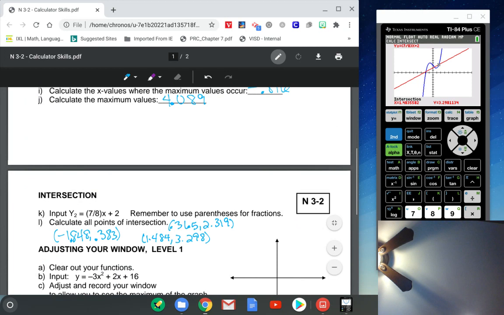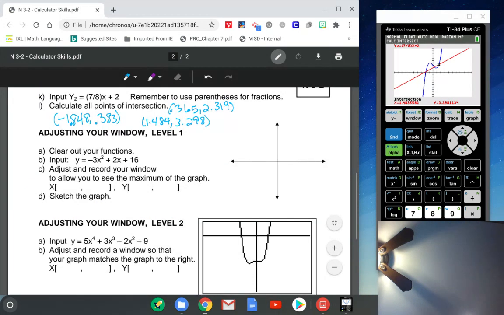Now this next part is really just about using the calculator to adjust your window. It's not about the calculate screen. So it wants us to go back to y equals, clear out what we have, so just hit clear, arrow down, hit clear, and they have a new equation for us to put in.